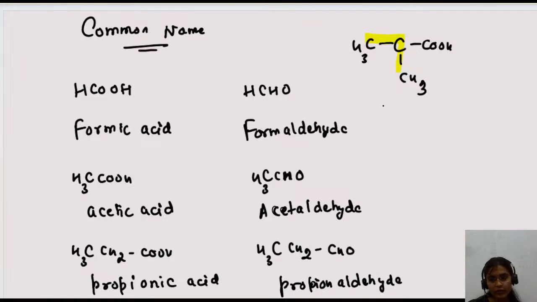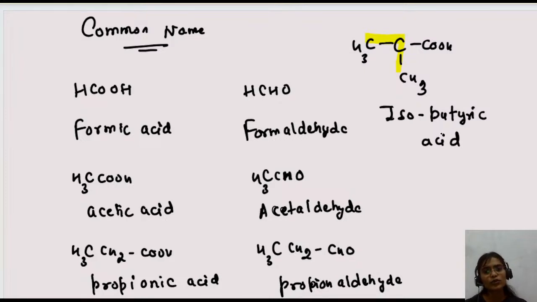So what is the name for this one? It's iso. And how many carbons are there? Four carbons. So instead of using butyl, we are using butyric. Like for three, we are using propionic. So similarly, here we are using butyric acid. So isobutyric acid is there. Same for aldehyde, isobutyraldehyde. Okay then, let's see some more.